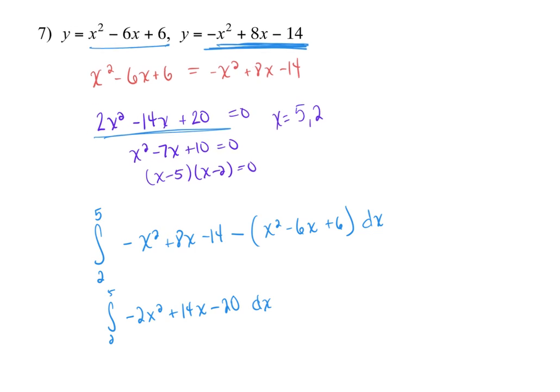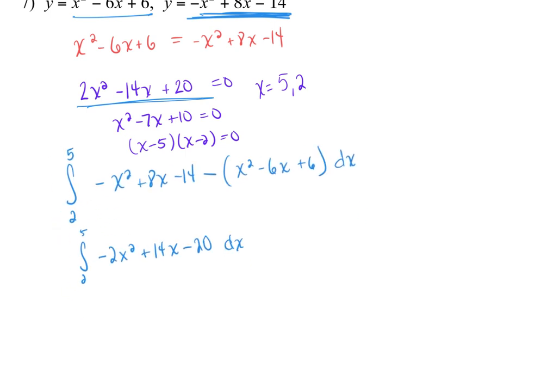And now I'm just doing basic antiderivative. Add 1, divide. So this is negative 2/3 x cubed plus 7x squared minus 20x. And I'm going from 2 to 5. This actually ends up being a lot smaller than it looks like it's going to be when you start.